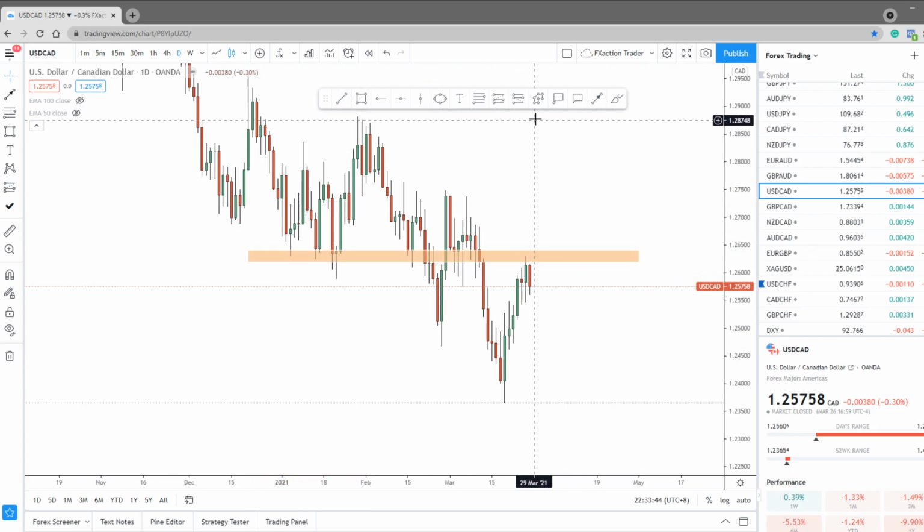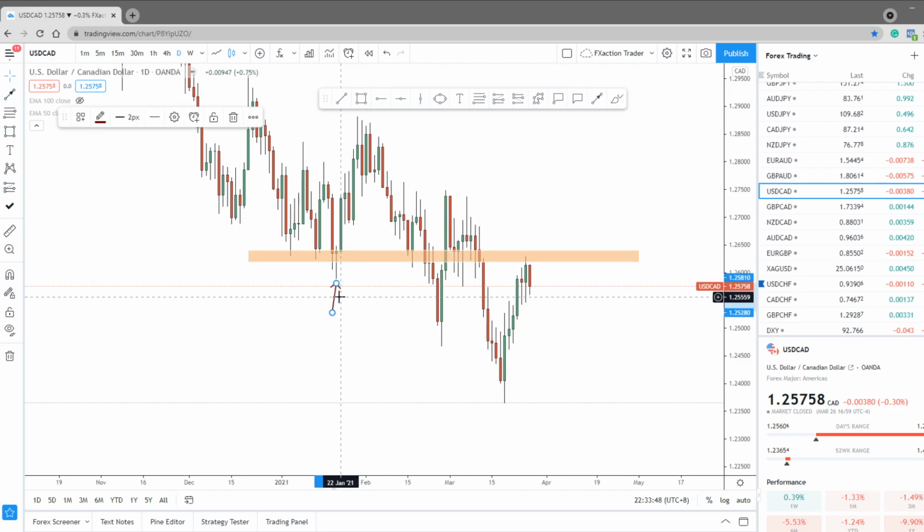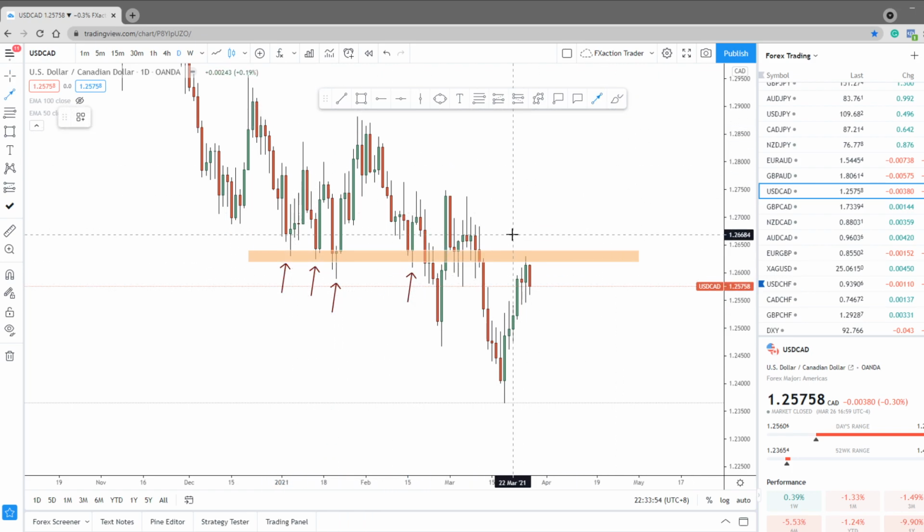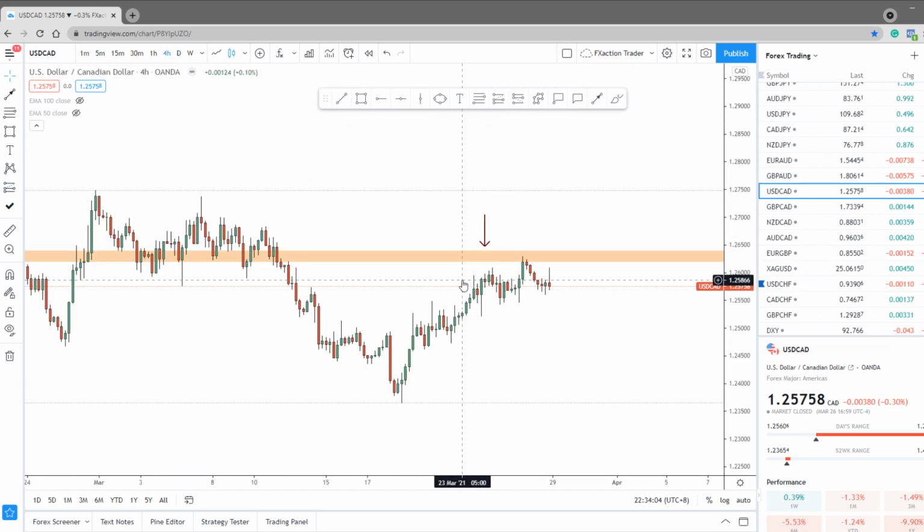This key level was previously a very strong support zone, as we can see the market has been retesting this level multiple times. And now this level has turned into a resistance zone where we can see some bearish rejection. So let us have a look at H4.